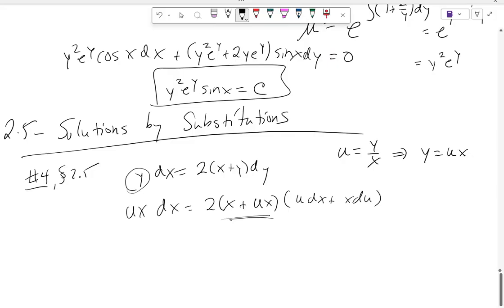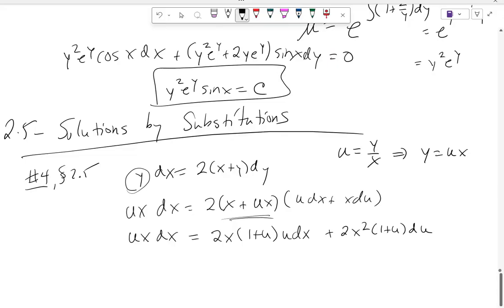So let's actually do that. I'm going to go ahead and distribute it across the other pieces. Oops, that's a dx. So I factored out the x, and then I distributed over the sum.